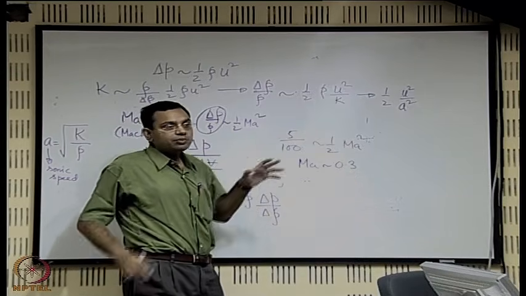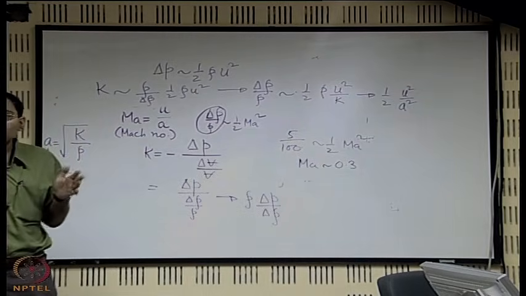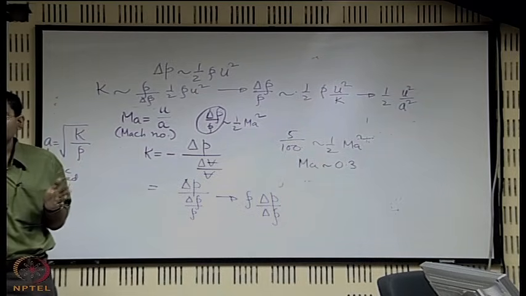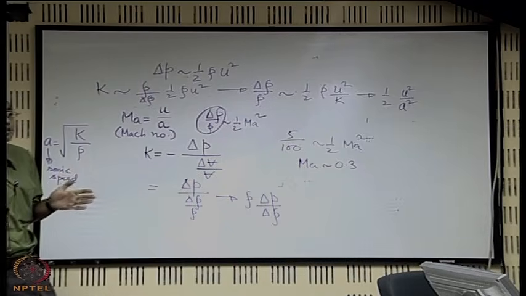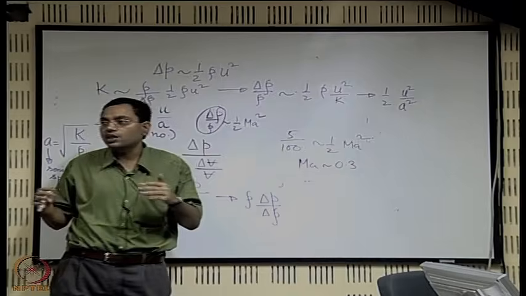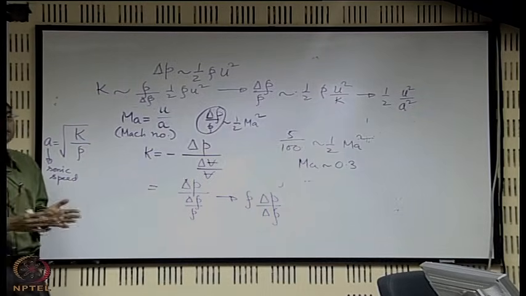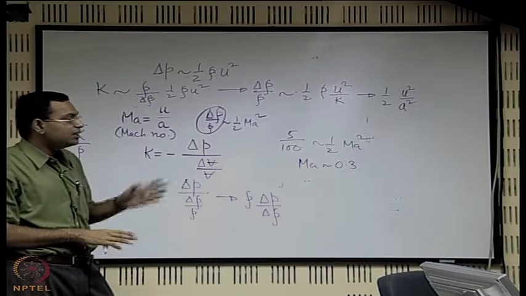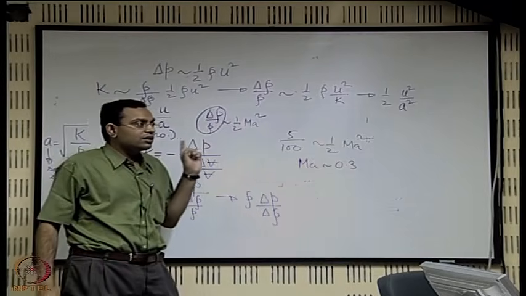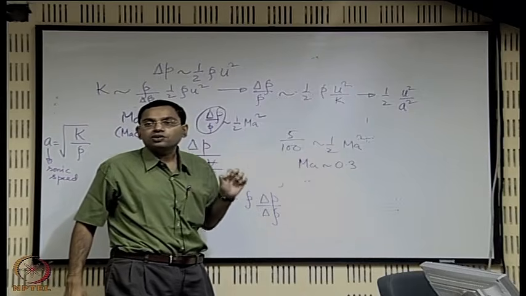So this is important because whenever you are analyzing an engineering flow, nobody will tell you whether the flow is compressible or incompressible. As an analyzer, it is your responsibility to make a judgment of whether you are going to use the concept of compressible flow or incompressible flow for the analysis of your problem, and then you have to be confident that a particular analysis methodology is going to work.